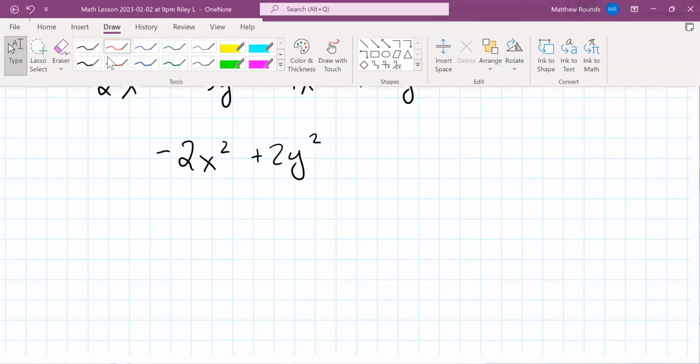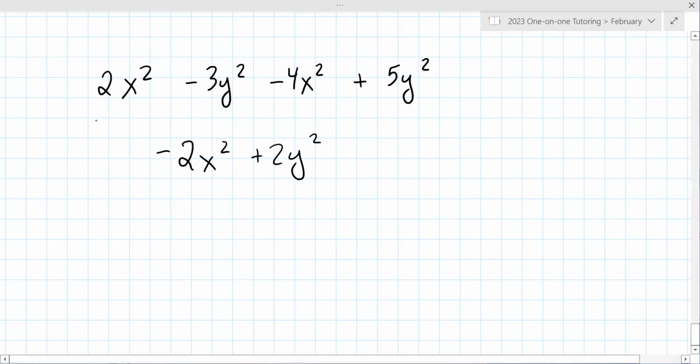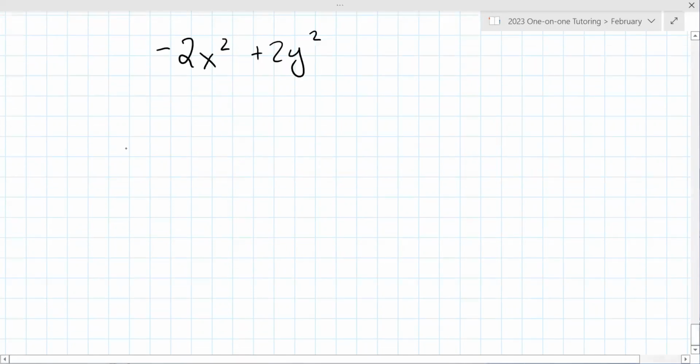Good. That's great. So let's look at some of these other problems that you might see. These are going to just get a little more complicated here. How about 3x squared y minus 4x squared y plus 3x minus 2x.